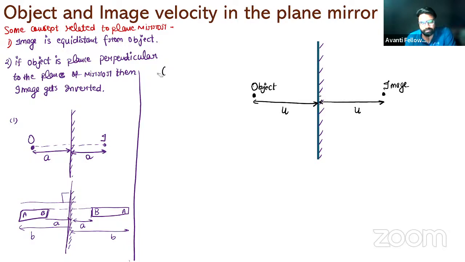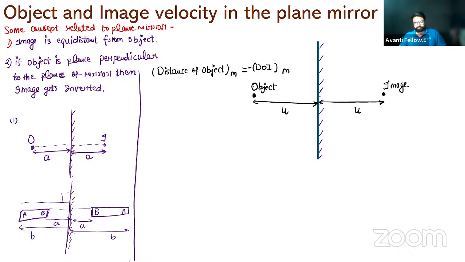So we can say the fundamental concept: the distance of the object with respect to the mirror is equal to the distance of the image with respect to the mirror, but in the negative direction. Can we say that?